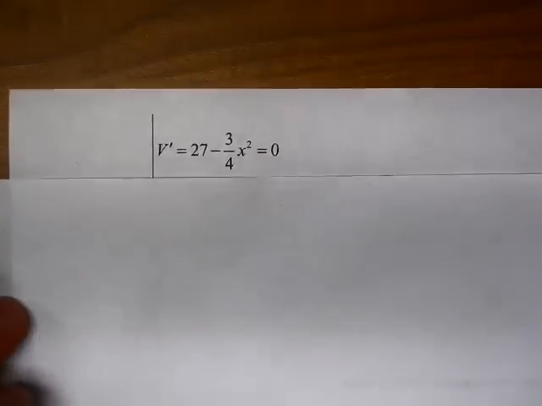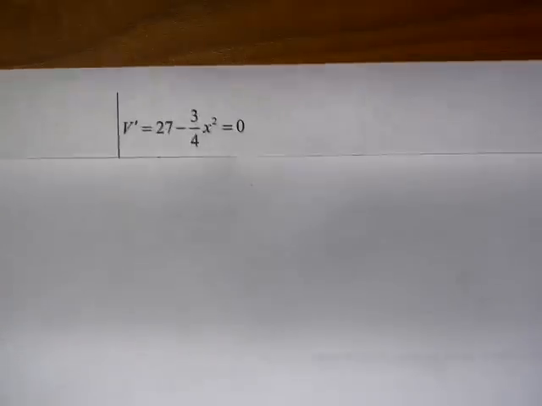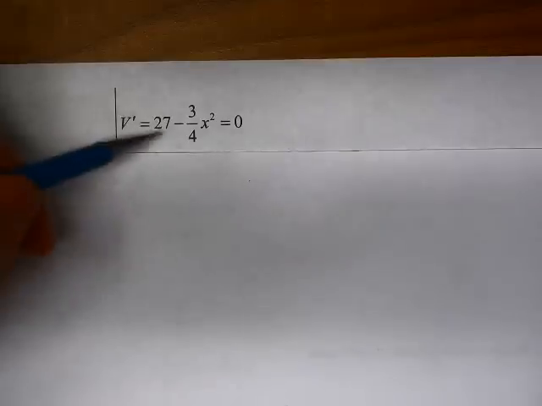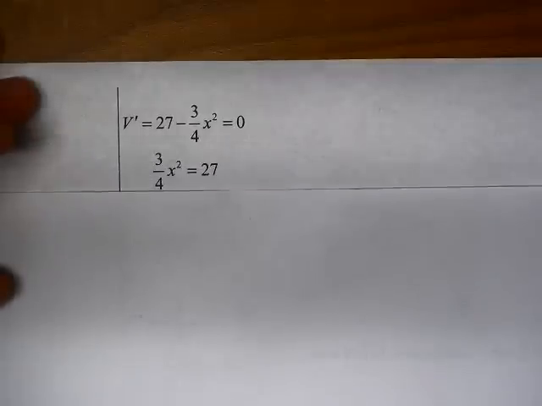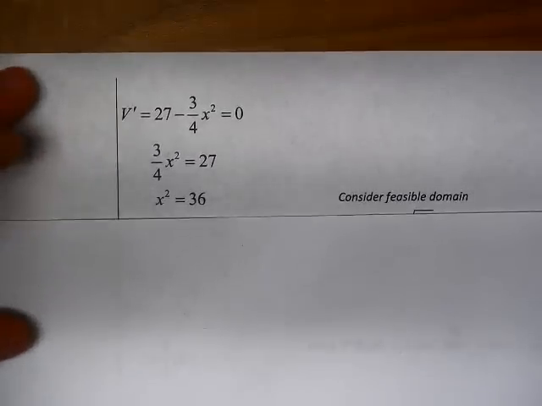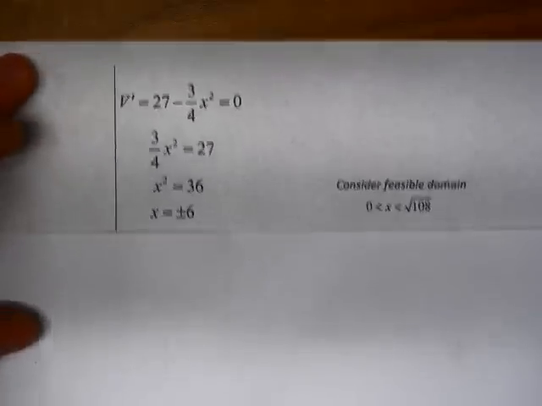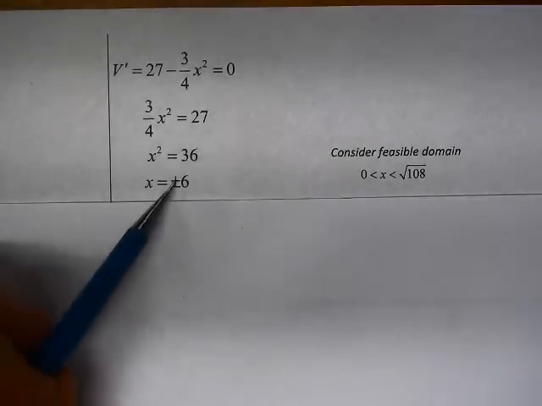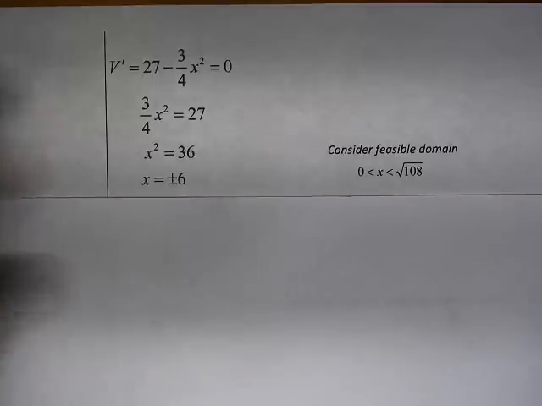So what do I do when I'm trying to find relative extrema? I take the first derivative, set it equal to 0. So I do that. I solve for x. x squared is 36, so my x value is plus or minus 6. So if I think about the domain that I could have, my x value, the base, can't be any smaller than 0.